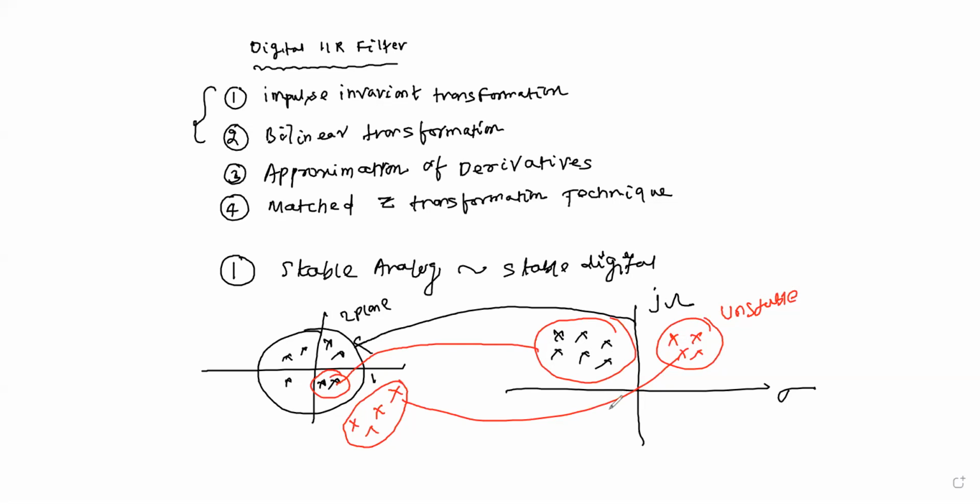An unstable pole maps to an unstable pole in the Z plane, and you all know that when poles lie outside of the unit circle, it is also an unstable system.